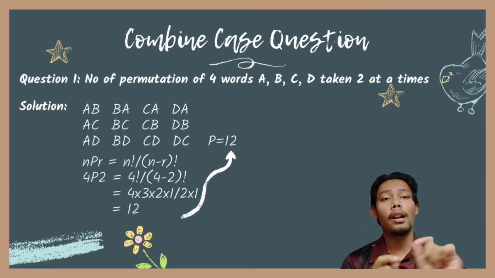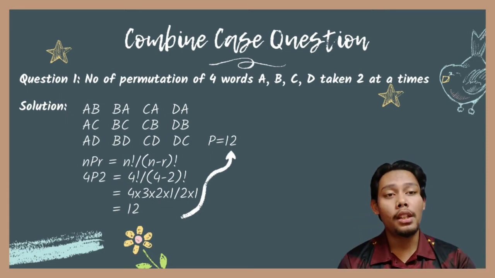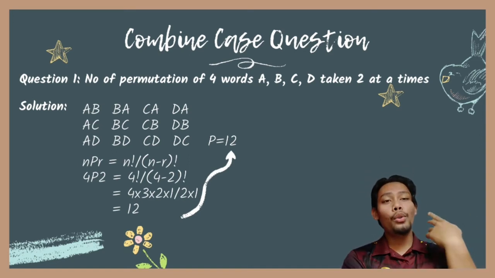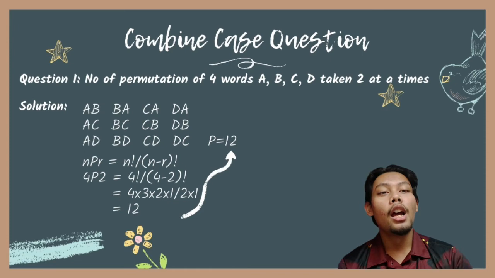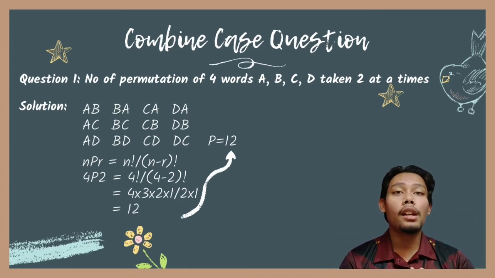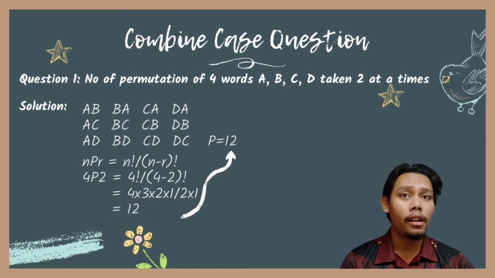How do we write the calculation for this permutation? If you want to find a permutation, you need to use the formula nPr equals n factorial divided by n minus r factorial.